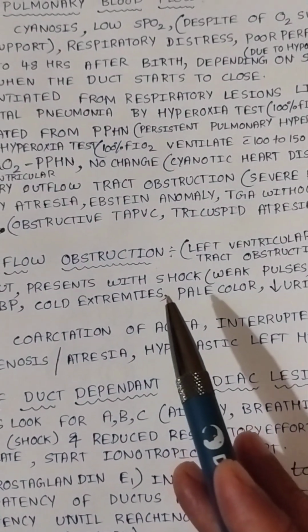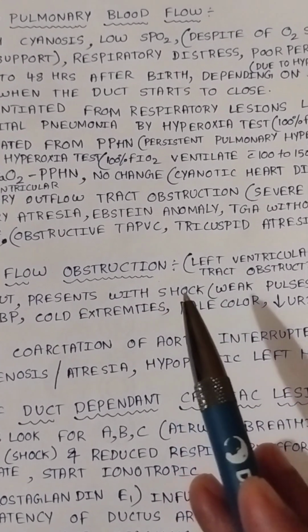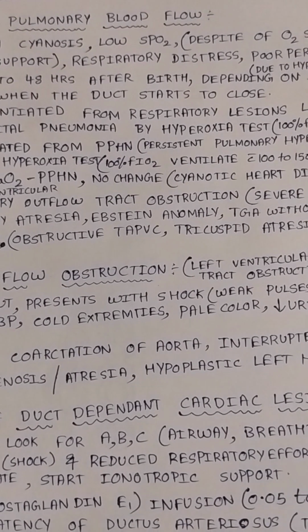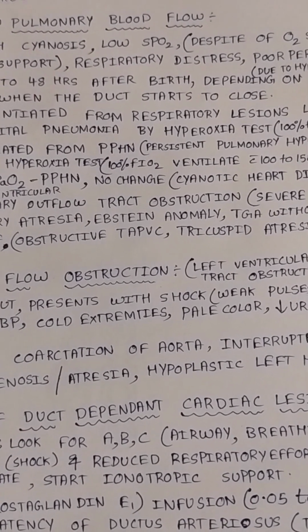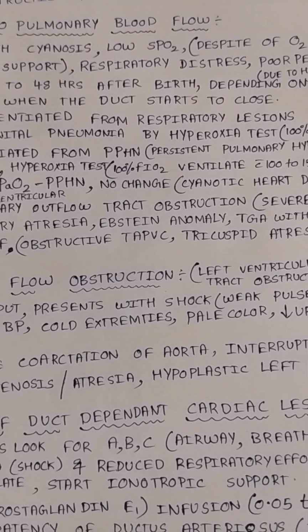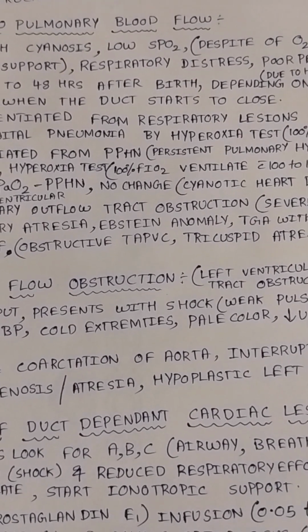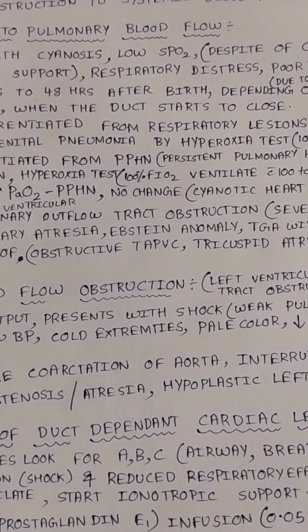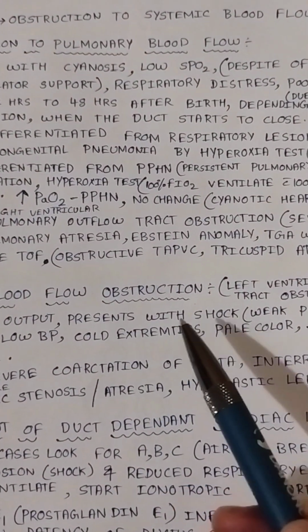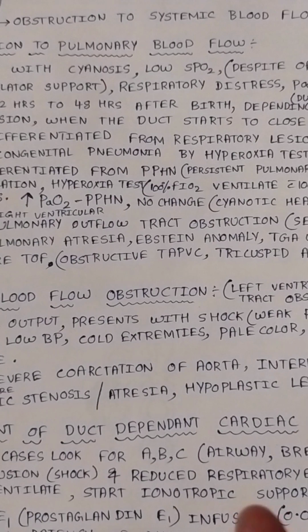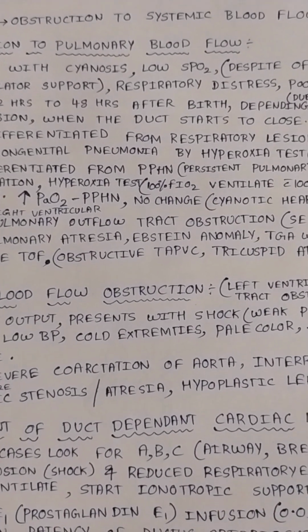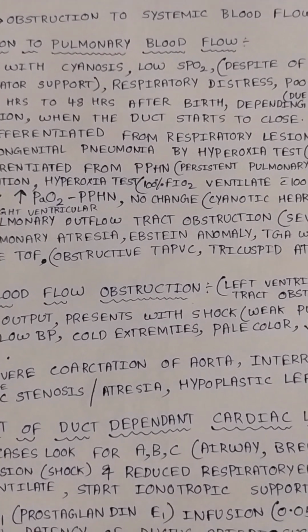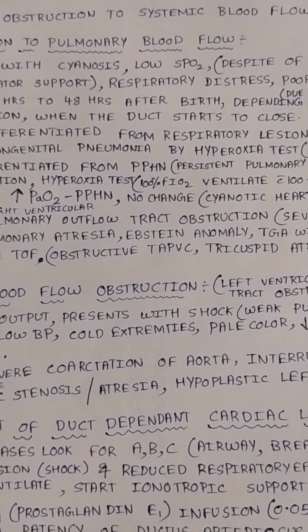Shock means nothing but the blood will not circulate to the organs of the body, all organs of the body, either kidneys or lungs or liver, intestines, brain, skin, any part of the body, because the heart is the pumping organ, and from the heart, when it pumps, the blood should go out from the aorta, from the left ventricular outflow tract.